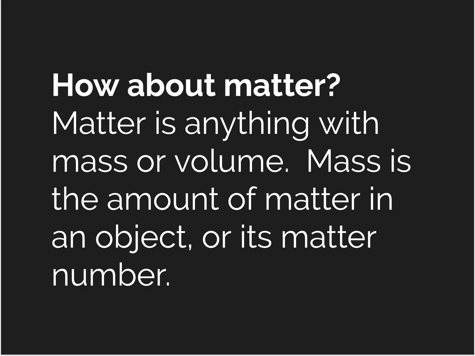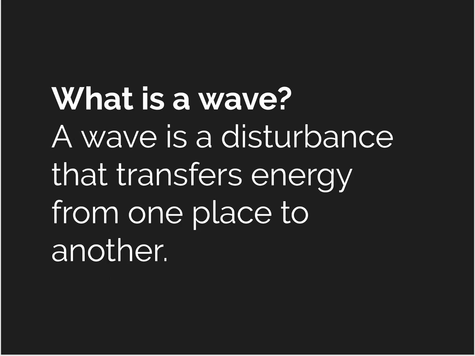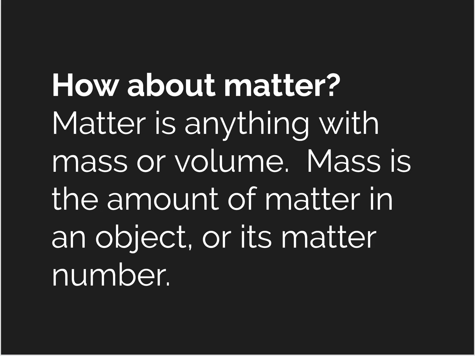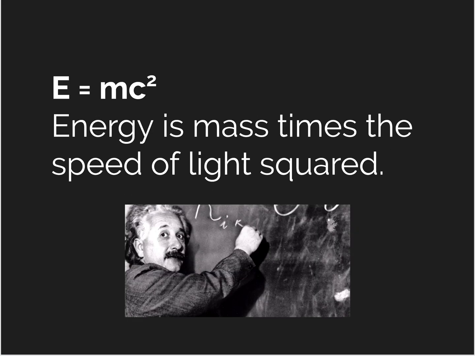Okay, so let's look back here. A wave is a disturbance that transfers energy. Energy is the ability to do work or cause change in matter. Matter and mass are these things that represent the stuff of the universe. And mass is just the number associated with that thing. All of this comes together in Einstein's famous equation, E equals mc squared. Energy is mass times the speed of light squared.